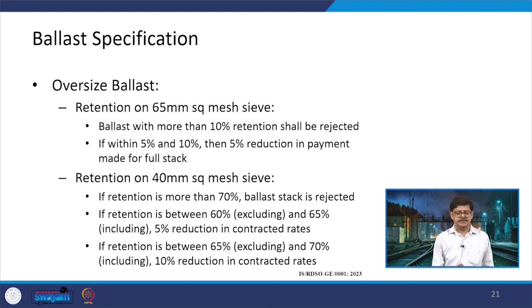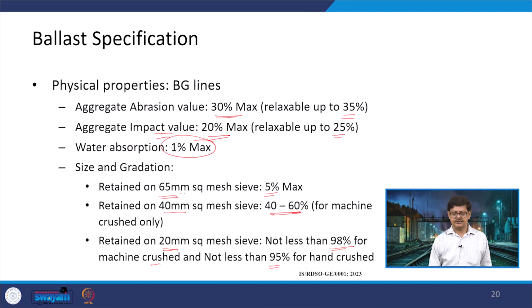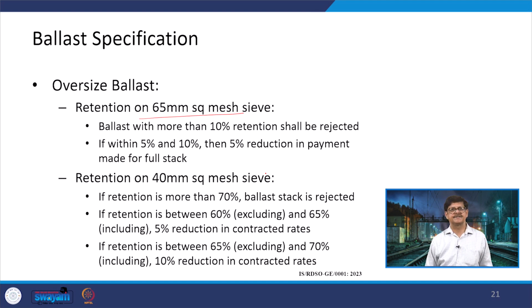Then another thing is the retention on the 65 mm square sieve, which we talked about. When we said retained on 65 mm square sieve is 5% maximum, with respect to that, we have to see whether the ballast which has been received is oversized. Now, how to decide it is oversized? Ballast with more than 10% retention shall be rejected.